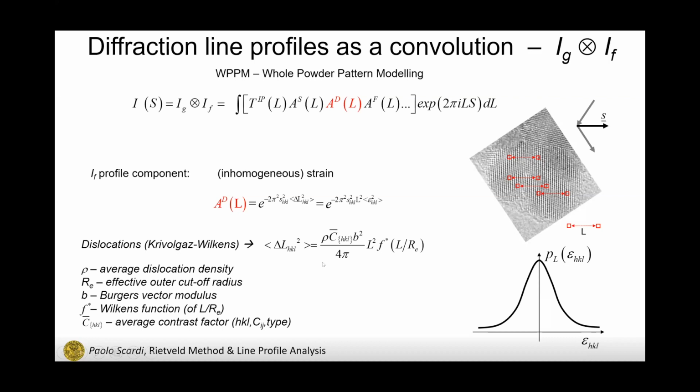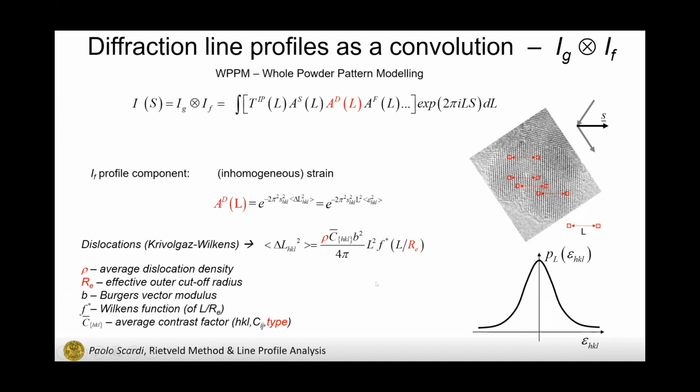In fact, you can then calculate this for different dislocation types. Now, what is in the end what you are handling within your Rietveld refinement? Well, you will end up refining the average dislocation density, this effective outer cutoff radius, and which type of dislocation, screw, edge, or any mixed one.